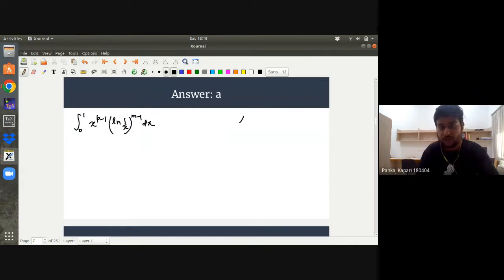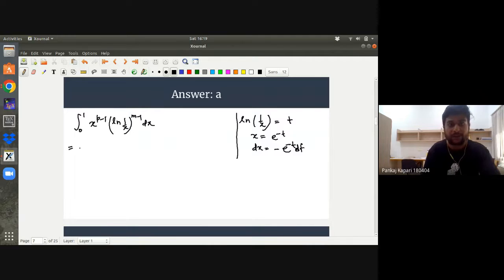Okay, let's put ln of 1 by x as our new variable t. So if ln of 1 by x is t, then what is x? x is e to the power minus t, and therefore dx must be negative of e to the power minus t dt, right?